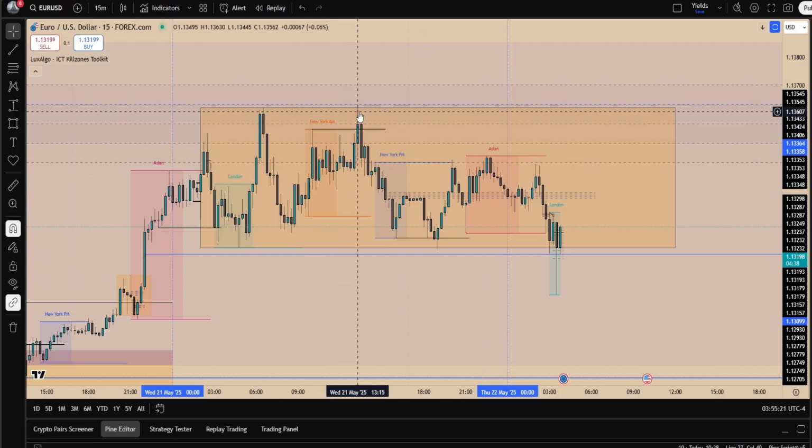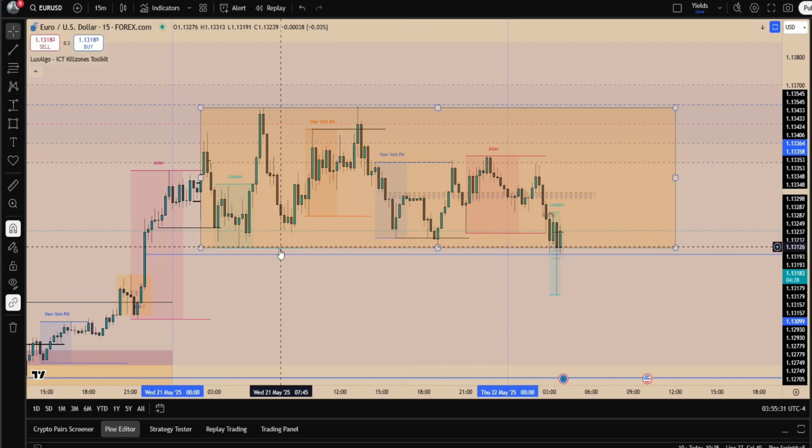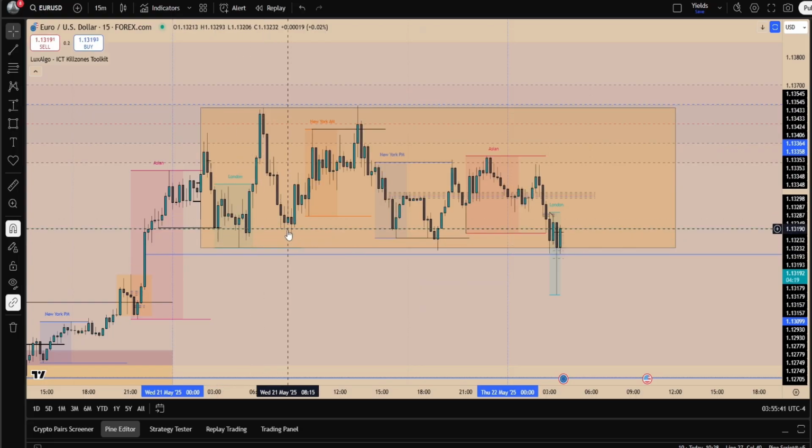The market engaged buy side liquidity and then engaged sell side liquidity, right? Marked by that low. You could even say that low, but you wouldn't need to. This would be a measure of liquidity that was engaged.